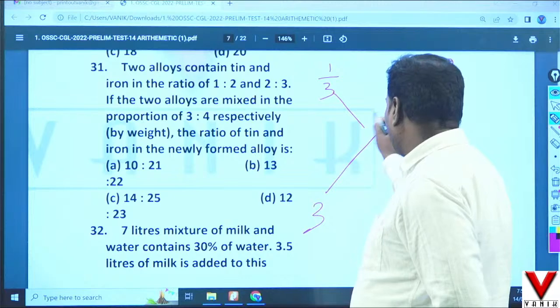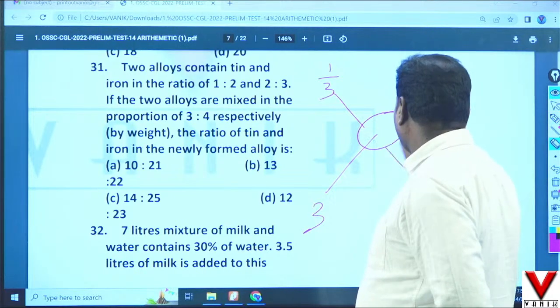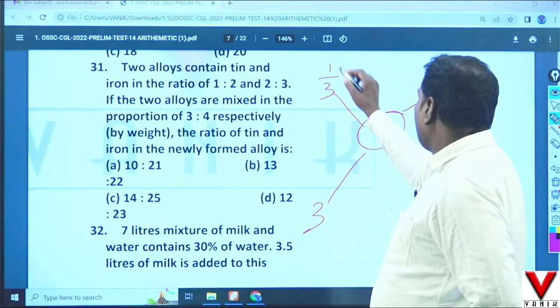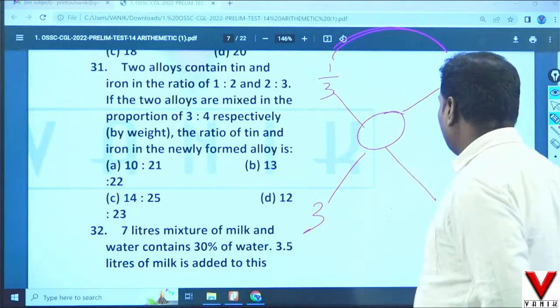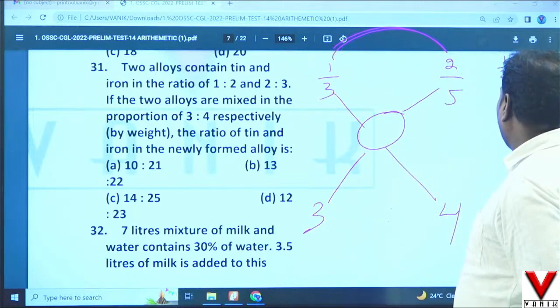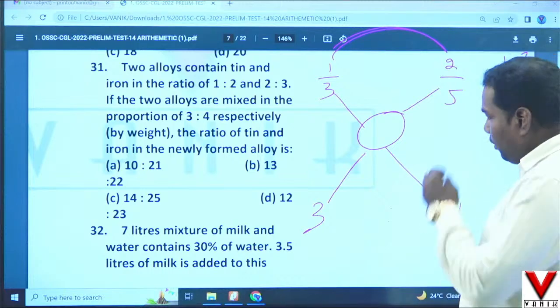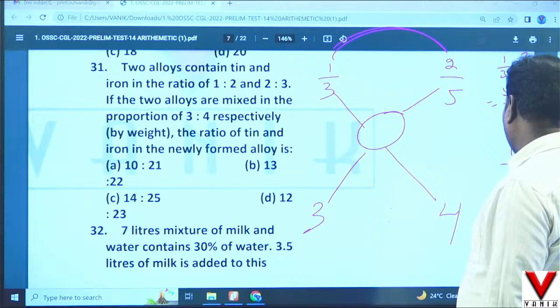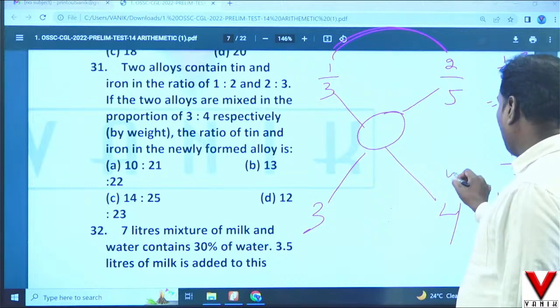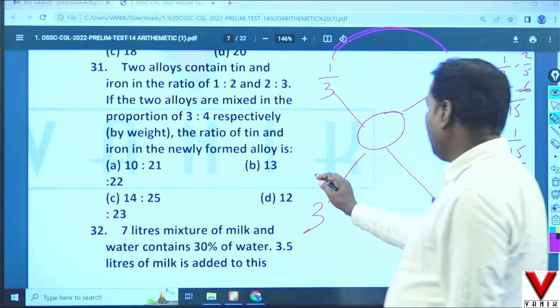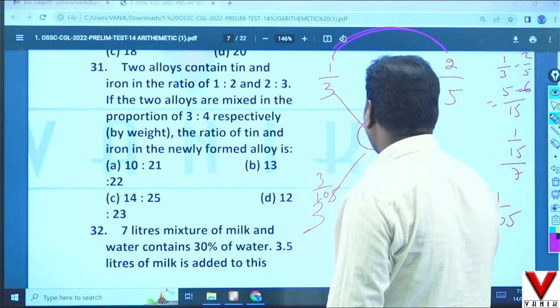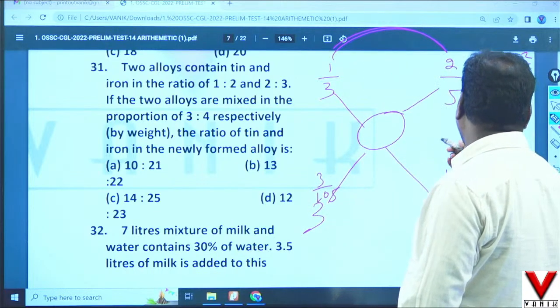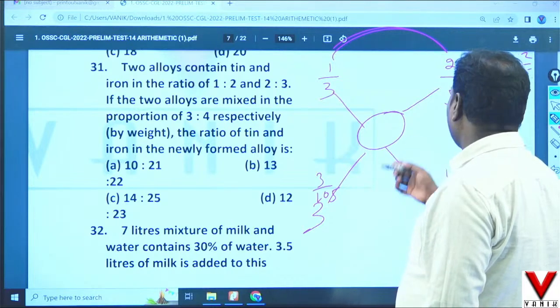So the difference is 1/3 minus 2/5, which is 1/15. This 1/15 will be distributed in the ratio 3:4 divided by 7, that means 3/105 and 4/105. So 1/3 is less.